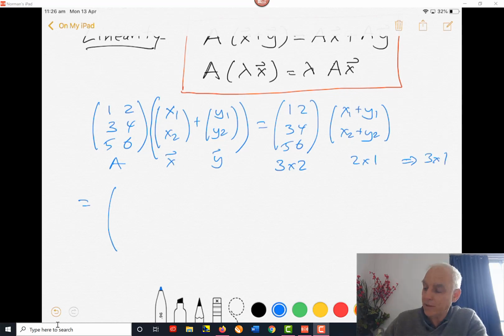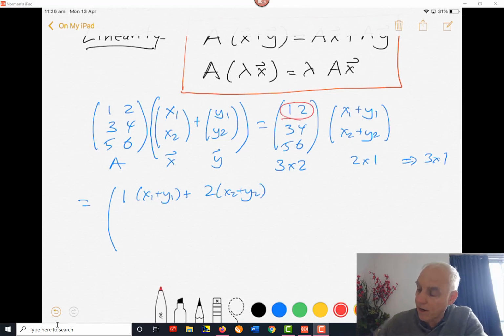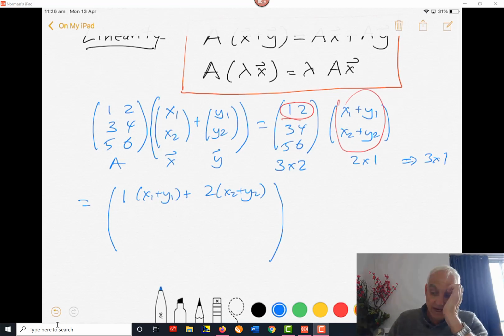How does that look? So it looks like 1 times (x1 plus y1) plus 2 times (x2 plus y2). Okay, we're taking the product of this row times this column. And that's the first entry of the product. The second entry is obtained by taking the second row times the same column.